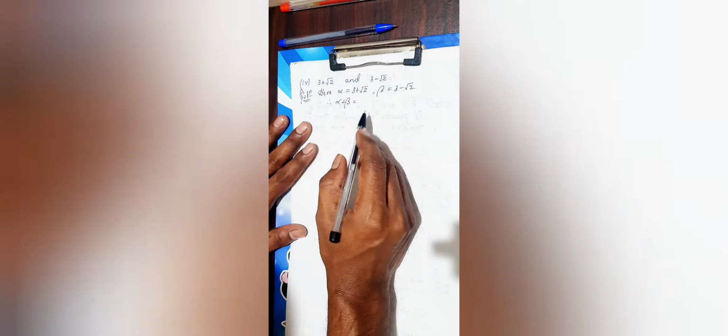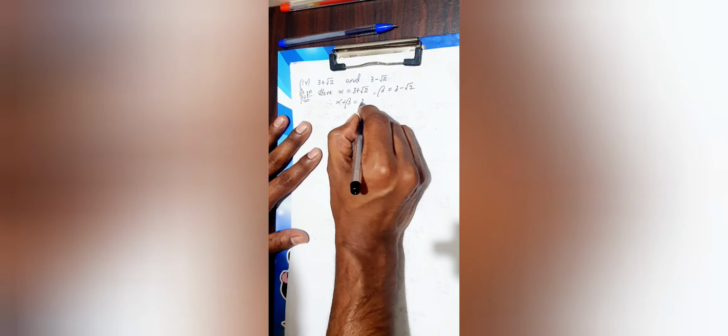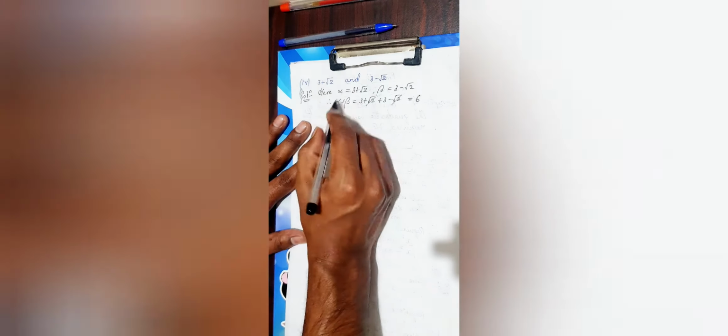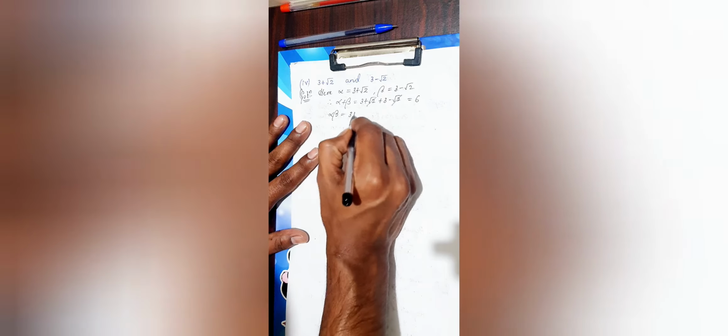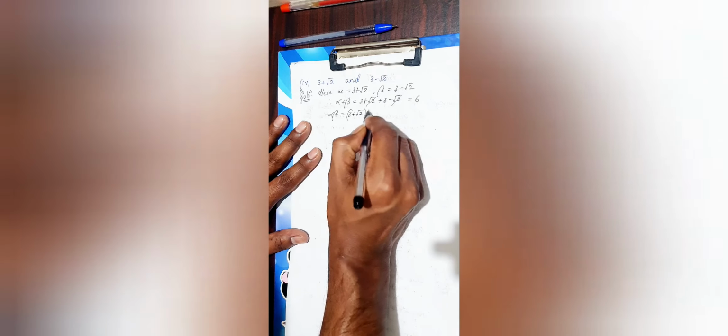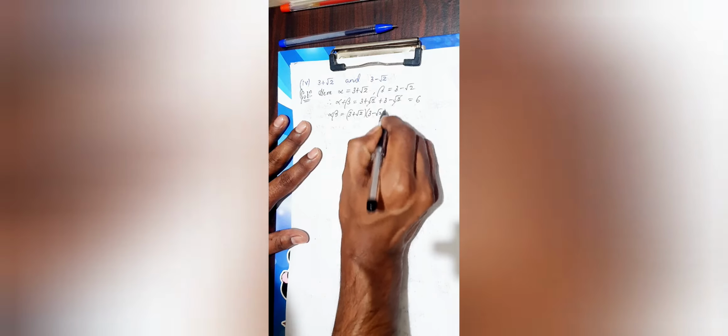So alpha plus beta is equal to 3 plus root 2 plus 3 minus root 2. See what happens here, root 2 with positive and negative gets cancelled. I'll get 3 plus 3, that is nothing but 6. Now alpha into beta is equal to 3 plus root 2 into 3 minus root 2.